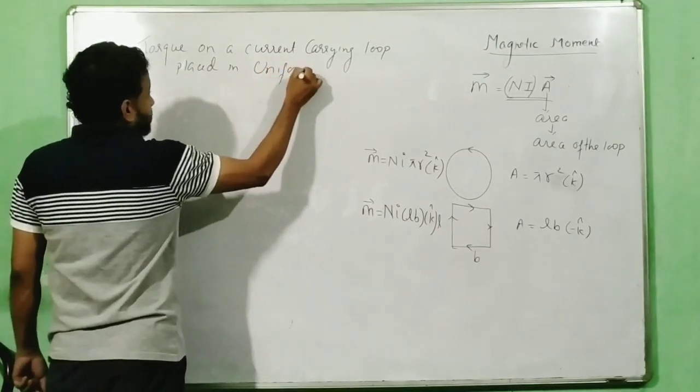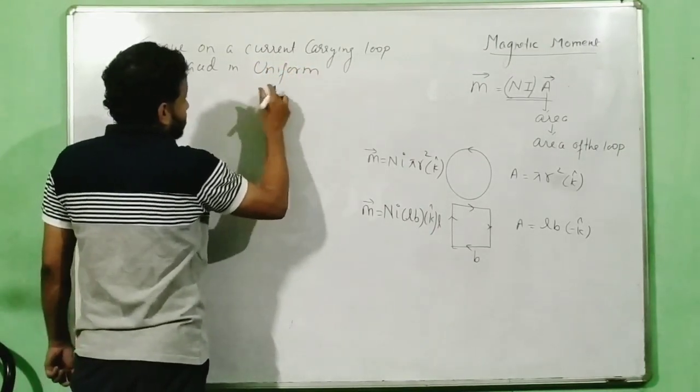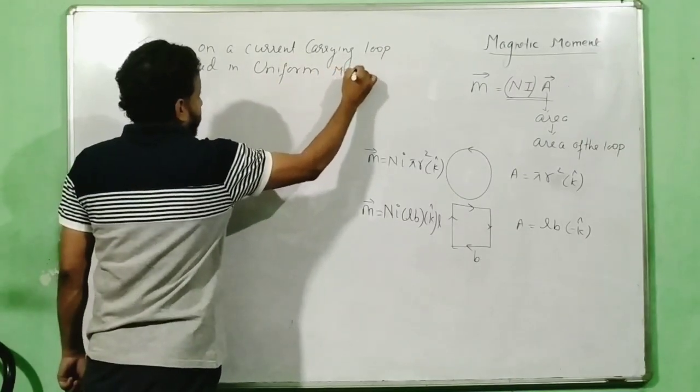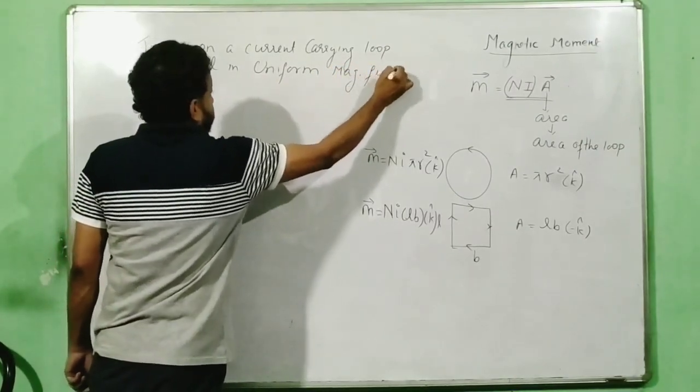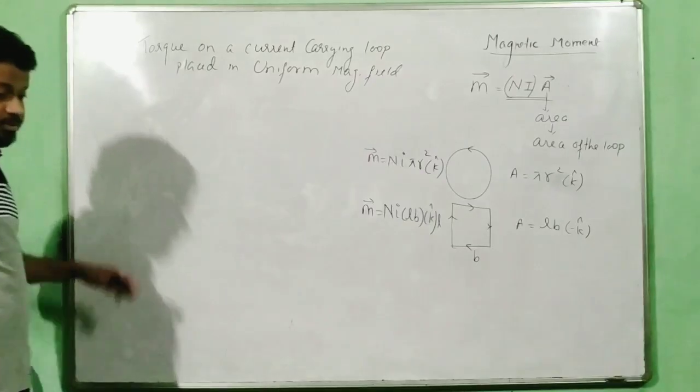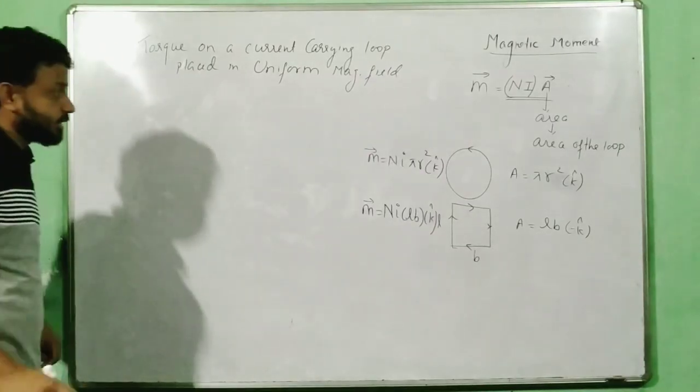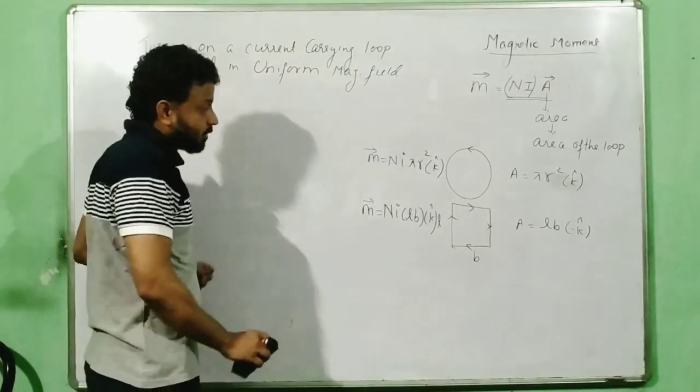This word uniform is very important, because whatever we are going to derive, it's with respect to the concept of uniform magnetic field. Okay, so allow me to rub this part now.